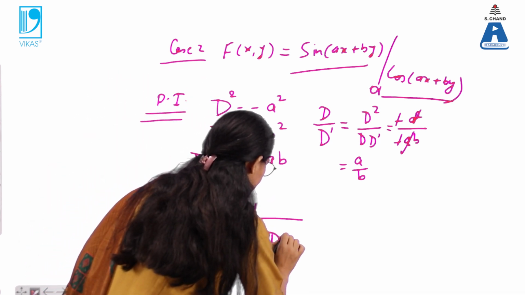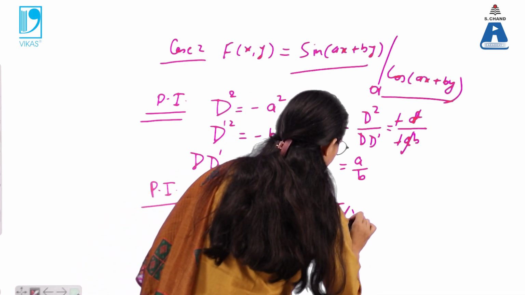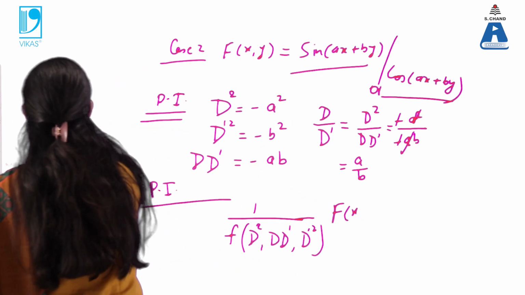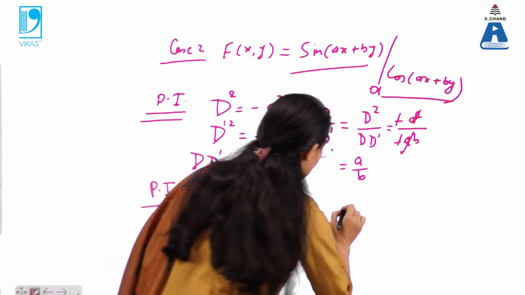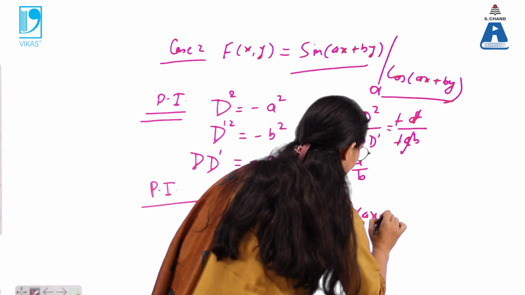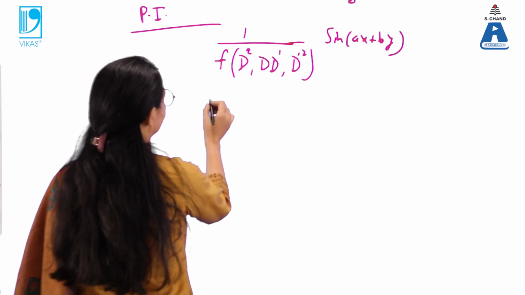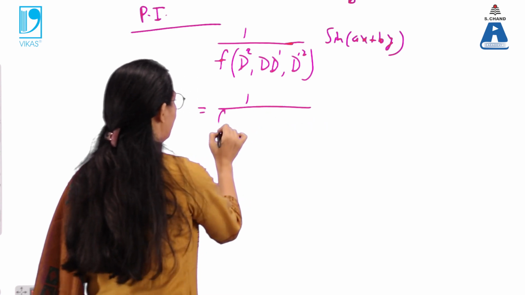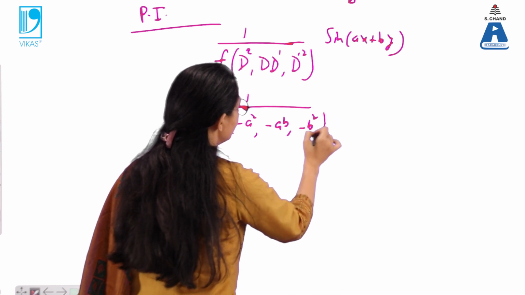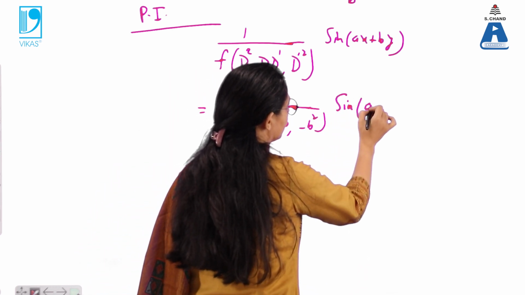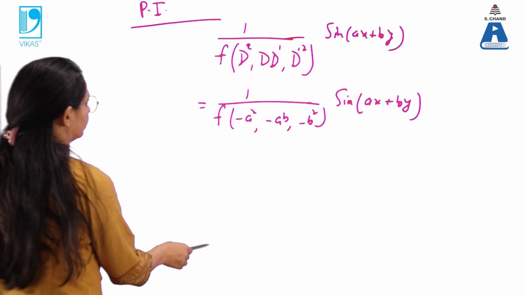If the given differential equation is written in this form, where f(x,y) takes a particular form, say sin(ax+by), then it will be written as f of minus a squared, minus ab and minus b squared, sine of (ax plus by). So this is our case 2.